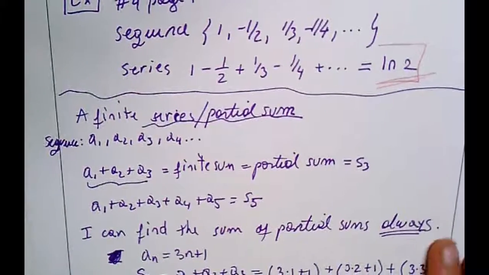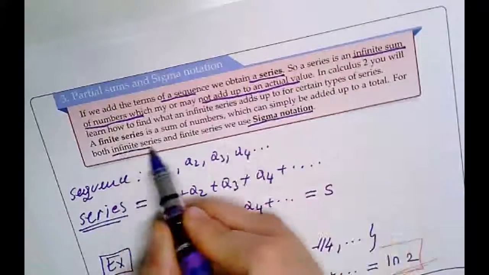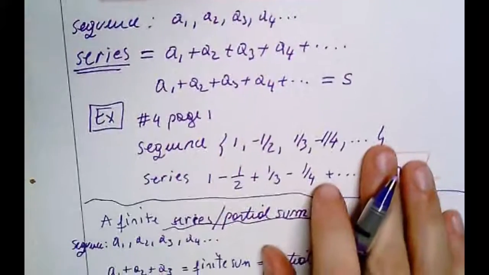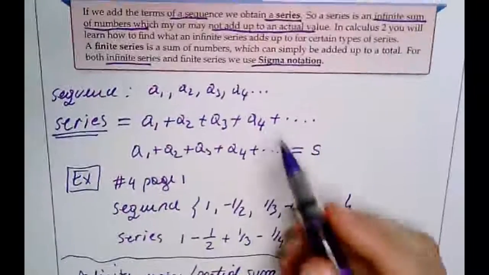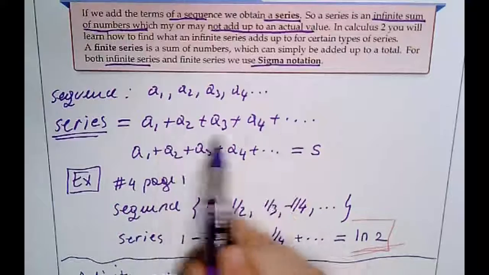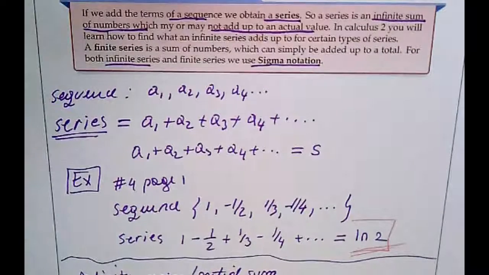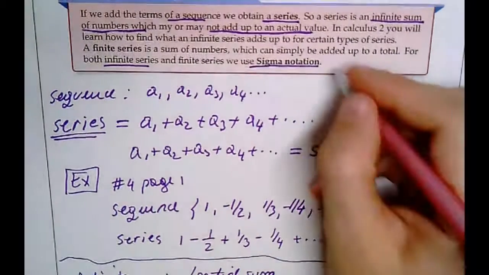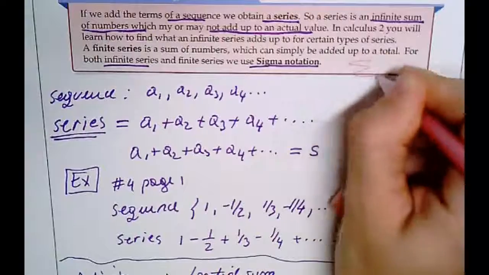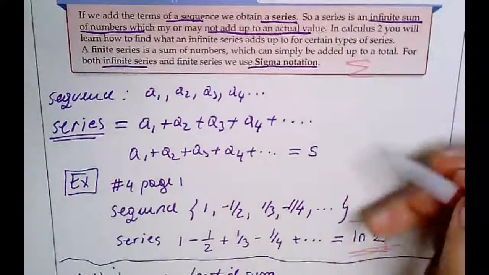So one thing that I do want to point out is this notation. I don't know about you, but it can get tiring having to write all of this, like a1 plus a2 plus a3 plus a4. So basically we're going to have a shortcut for writing this by using what we call sigma notation. Sigma is the Greek letter like this, sigma.